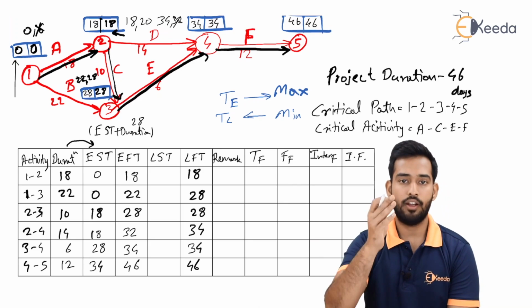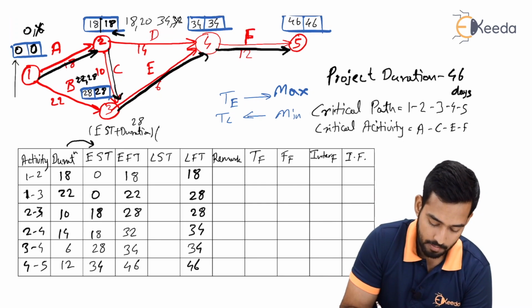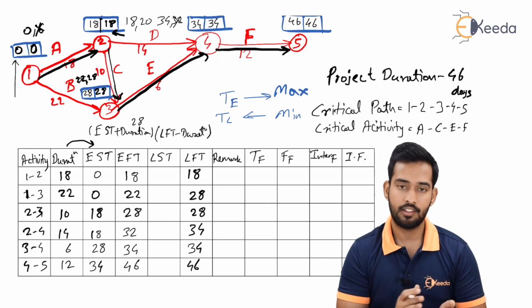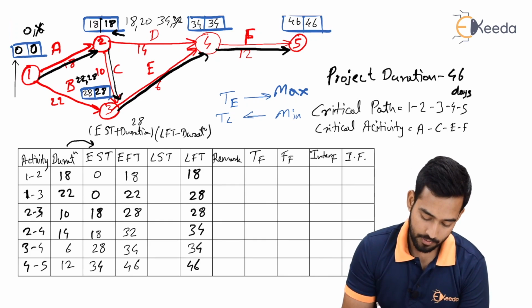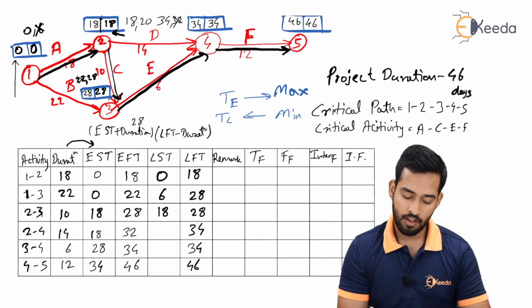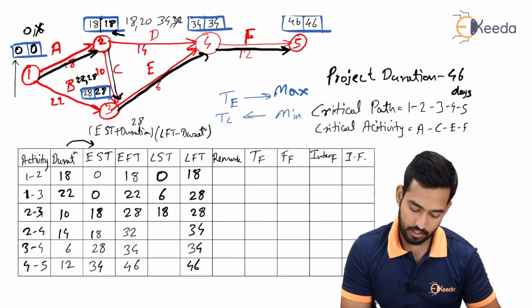Now we have to find out LST. What is the formula to find out LST? Again, it is a simple formula. We have to subtract duration from LFT. So LFT minus duration. Let's start. 18 minus 18 is 0. 28 minus 22 will be 6. 28 minus 10 will be 18. 34 minus 14 will give us 20.